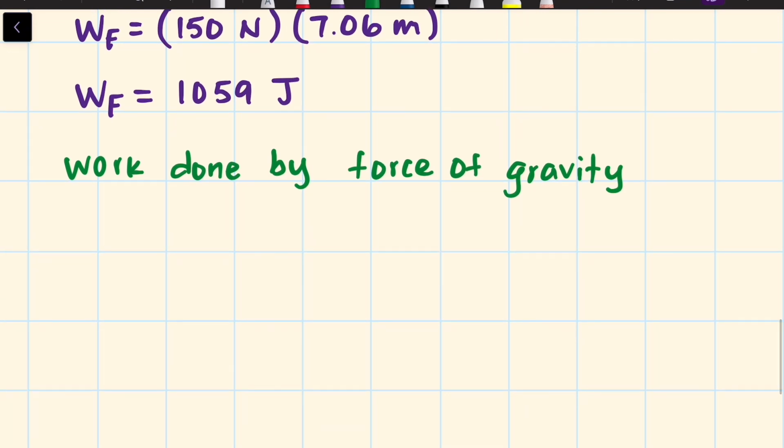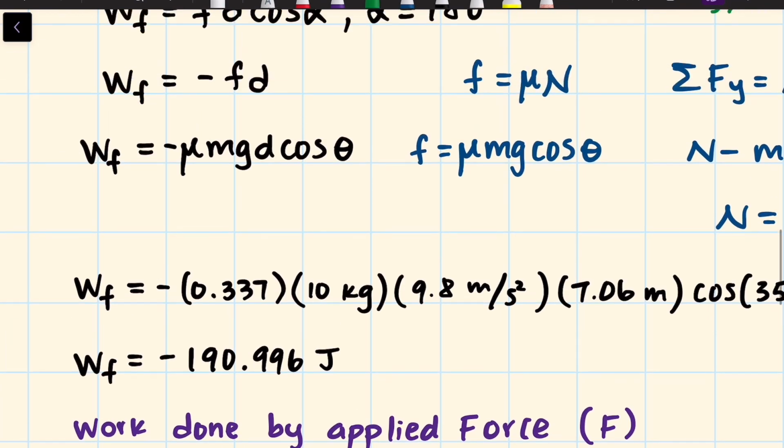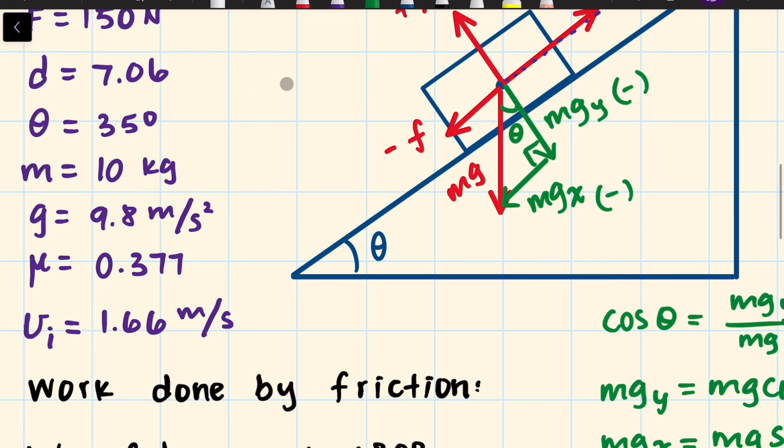So we have that the work done by gravity is equal to the component of the weight along the x direction, so let's say mg_x, times the distance times the cosine. Let's go back over here. Notice how the x component of the weight and friction have the same direction.